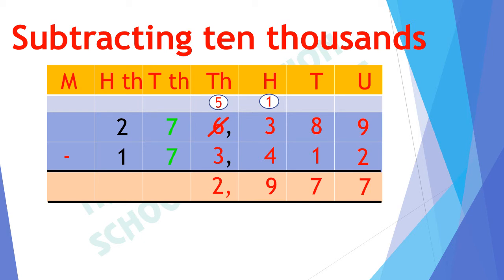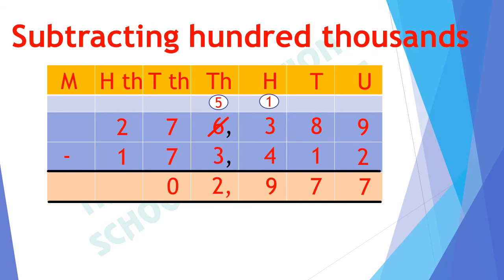If we subtract 7 out of 7, we get 0. Now we will subtract 100,000s. We have to take away 100,000 out of 200,000. If we take away 1 out of 2, we get 1. 102,977 less vanilla biscuits did the factory produce.